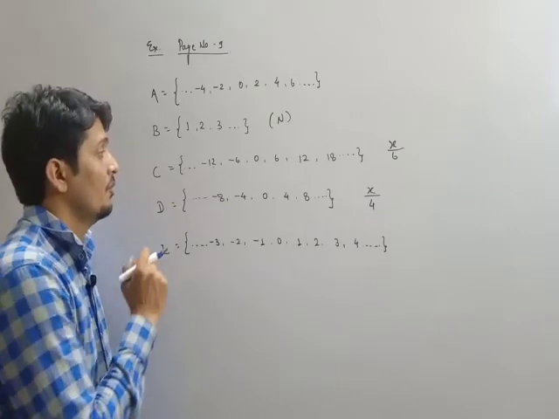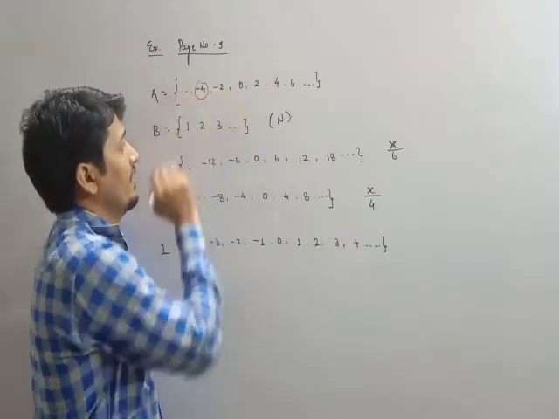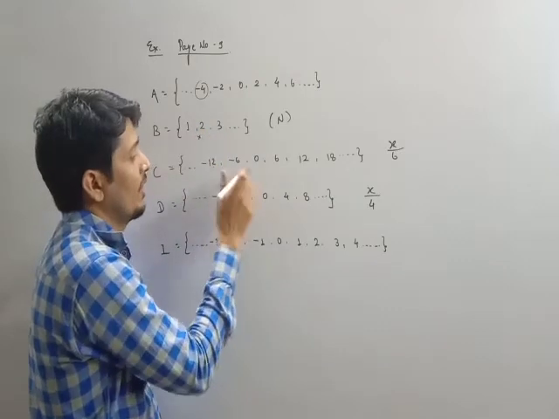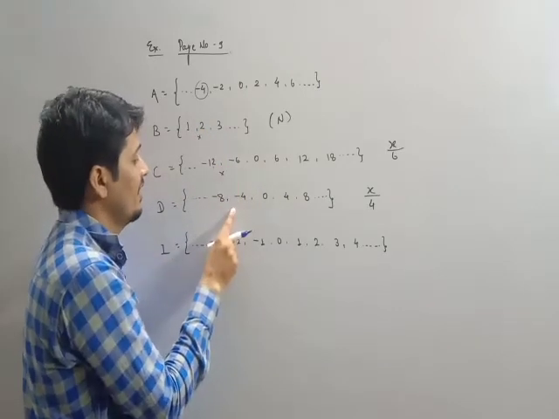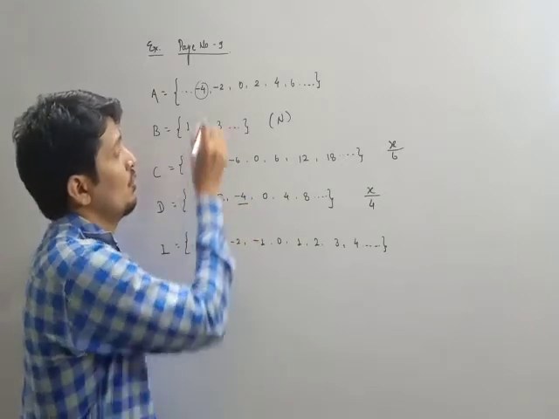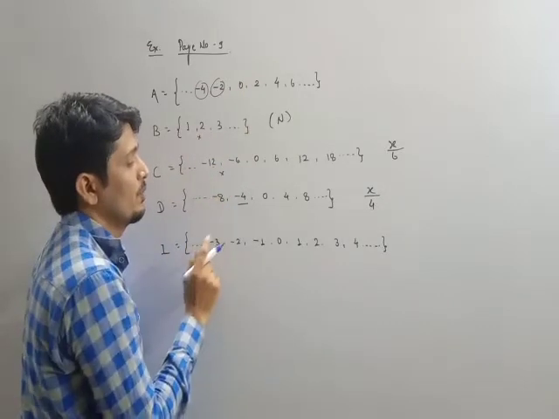Why false? Because here -4 is present, but here -4 is not present. Here -4 is not present, but here -4 is present. What about -2? Here -2 is present, but here -2 is not present.